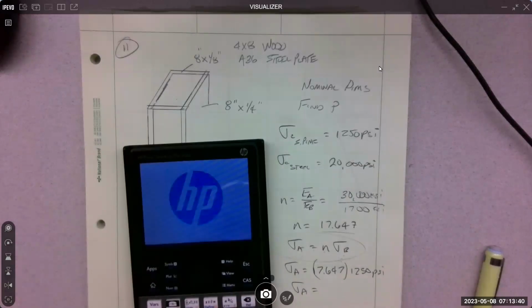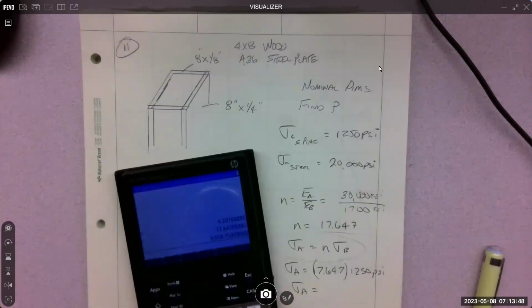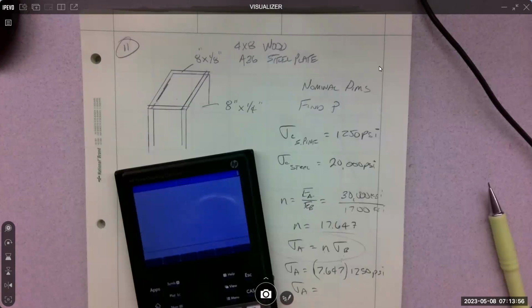Let's look at it. 9,000, right? So that's still, oh, sorry. I think I messed that up. Let's do that again, because that doesn't compute. All right, that is 22,000.